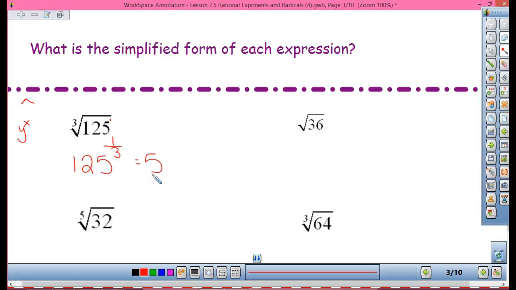So what did we say? This is called the what root? Square root. Okay? And so if there's nothing out here, what did we say our imaginary index was? A 2, right? A 2 on the outside. There's an imaginary 2 out there. So this is 36 to the 1/2, which gives us 6.